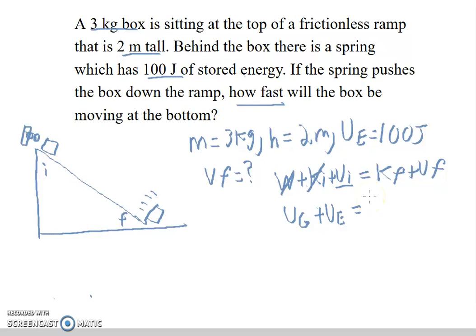And then on the right side, we're going to look at what types of energy are present. There's no potential at the end because it's not raised off the ground. There's no chemicals. There's no more compressed spring. But there is going to be kinetic energy.